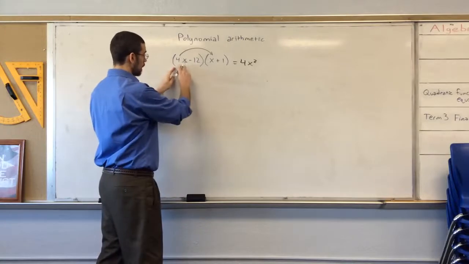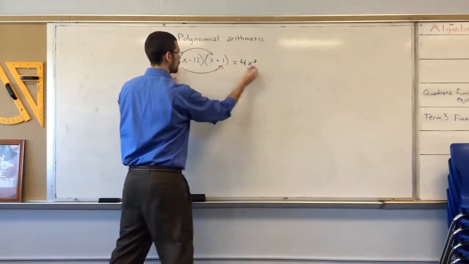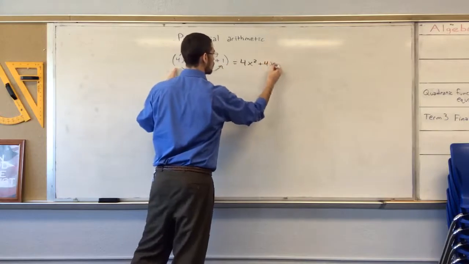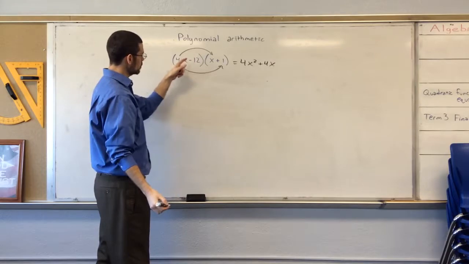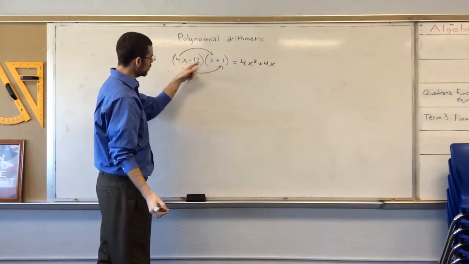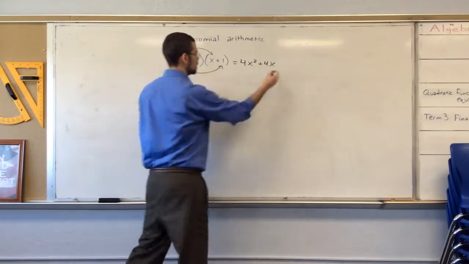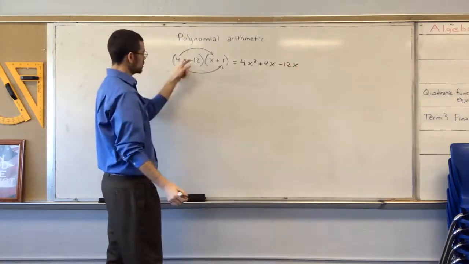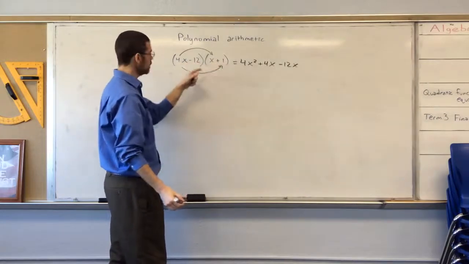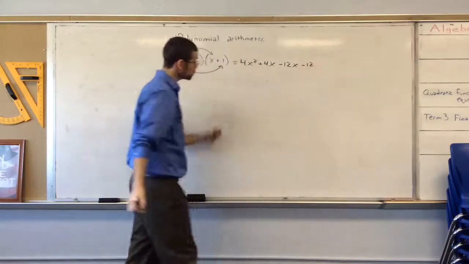Then we want to multiply 4x times the 1, which is 4x. Then we go over here and we're now going to take away 12 times each of these things. Minus 12 times x is negative 12x. Minus 12 times positive 1 is negative 12, or minus 12.